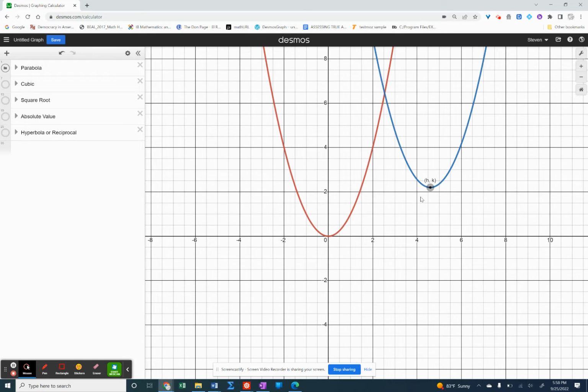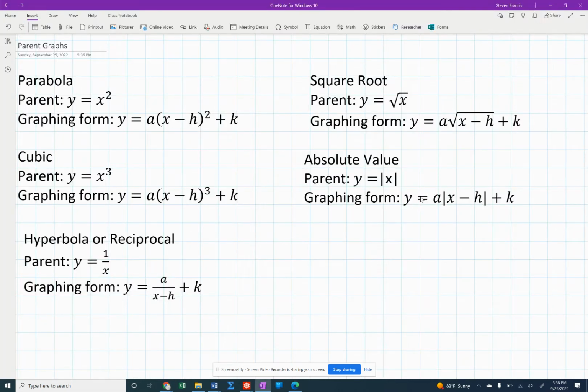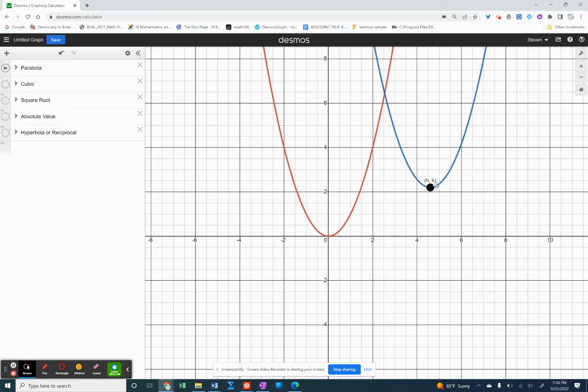is the graph shifted. So if we go back to the notes here in the graphing form, the h that we have in our expression here is a horizontal shift, either left or right, and the k is the vertical shift. And (h, k) is the locator point, which in this case locates the vertex of the parabola.